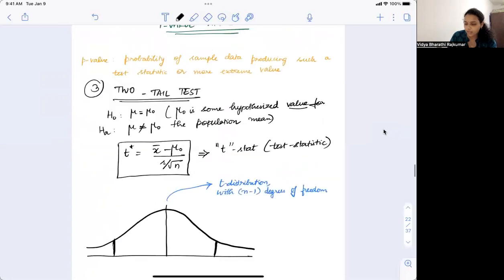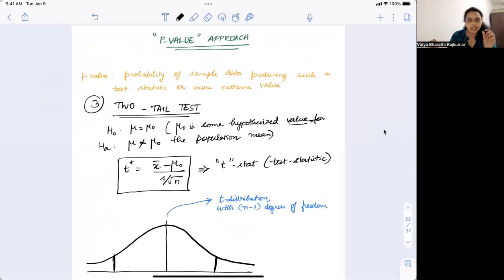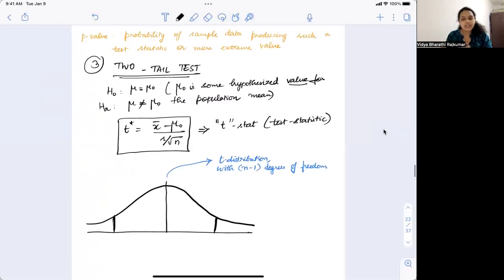We want to find the probability that you'll get a more extreme value than T star. In the case of a two-tail test, a more extreme value needs to be interpreted by looking at both tails to figure out the extreme values.